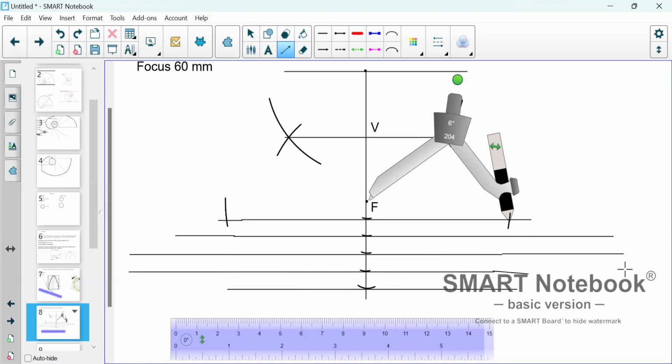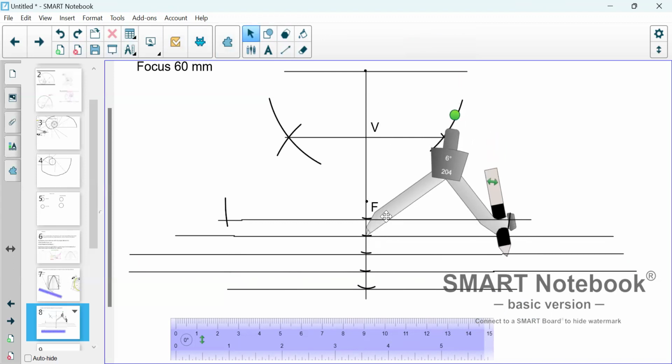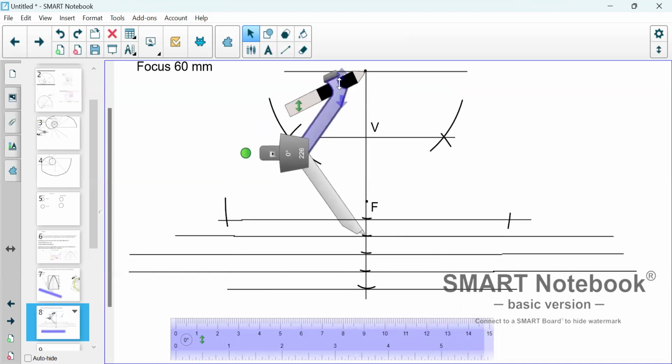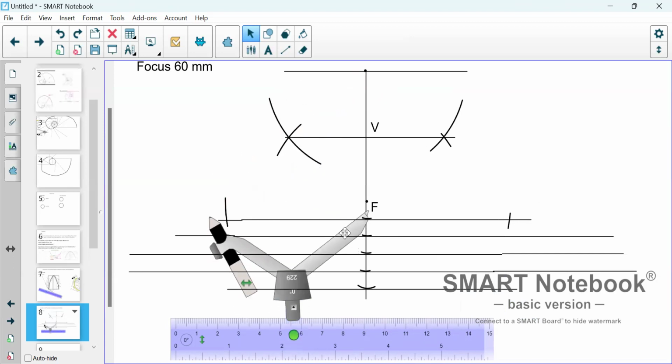So I'm just extending these lines because of the length that we're working with. But so we do the same. We take the length from number 2 now. So that point on the directrix, and then we place the compass point at F. We're drawing all the arcs from F, which is the focus.